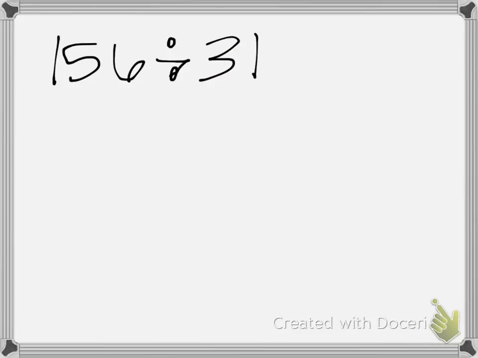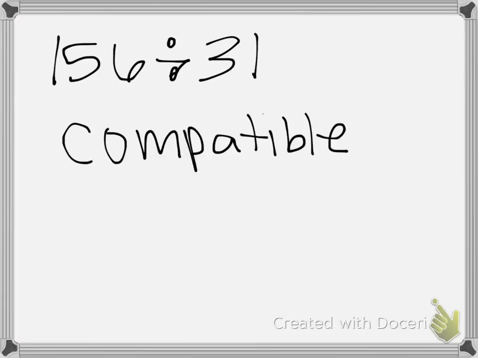So this is my next problem for you, and I want you to write this down in your spiral, please. Your problem is 156 divided by 31. But I want you to use the lovely compatible numbers to estimate the quotient.